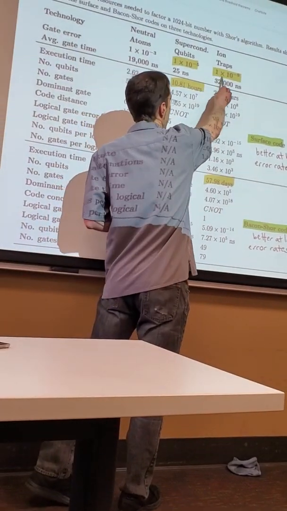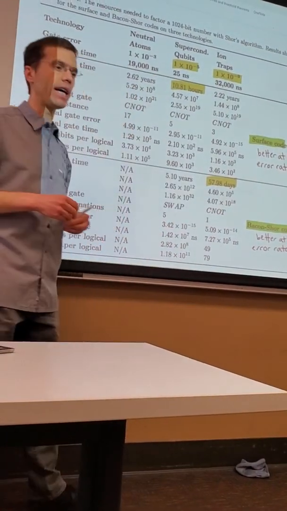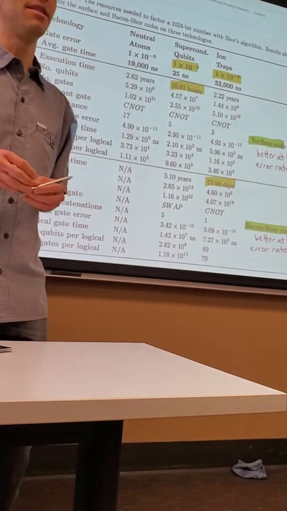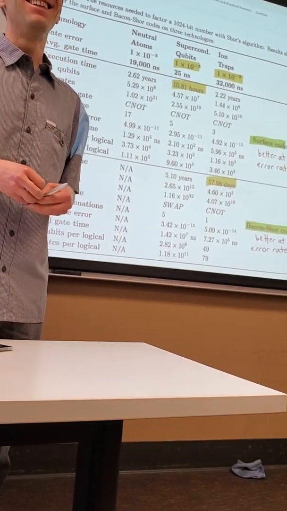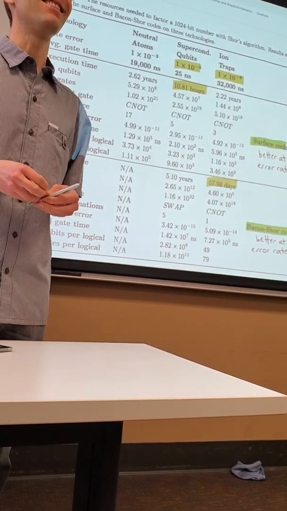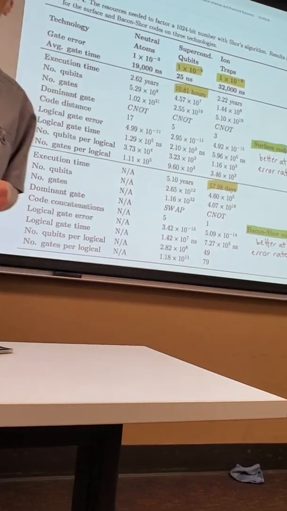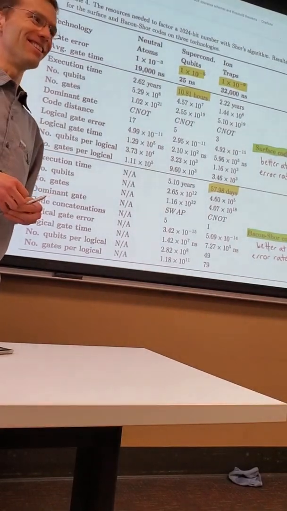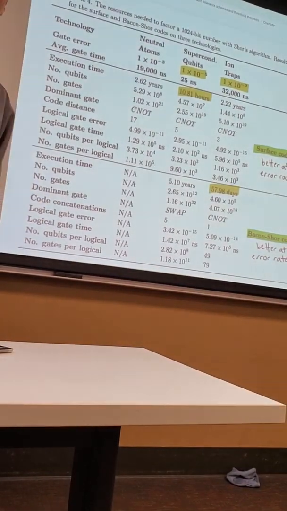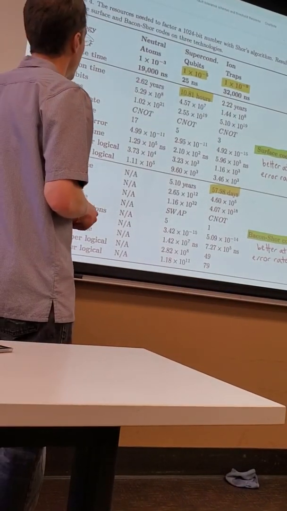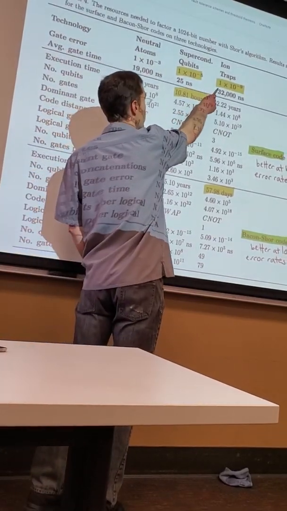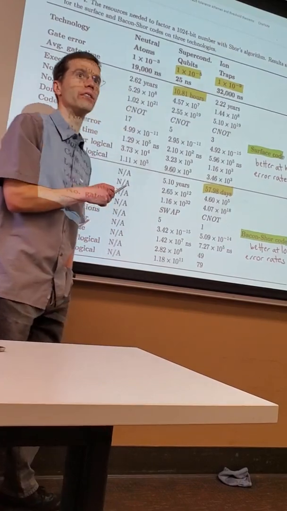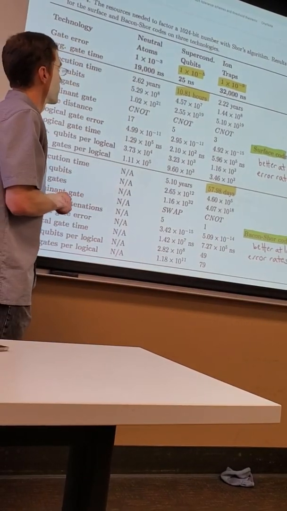And they assume that the error rate on ion traps goes down to 10⁻⁹, which is substantially lower than today's devices, like 6 orders of magnitude lower. Ion traps are really good, so it is possible that you can get the error rate much lower than in superconducting qubits, potentially.